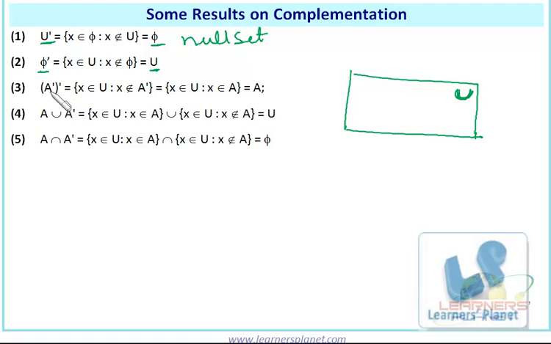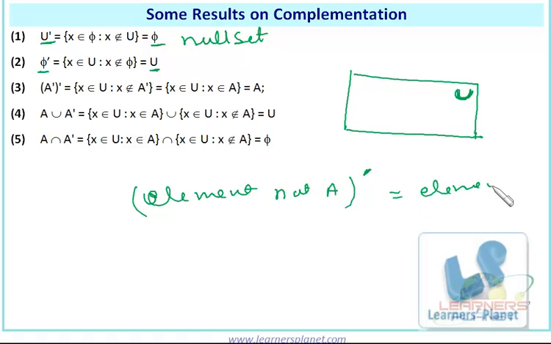Now A dash dash. First of all, A dash is all the elements which are not part of A. And if I take dash of it, now what will happen? Elements which are not in A, and that dash, that means elements of A. So A dash dash is actually A. How do we show it?